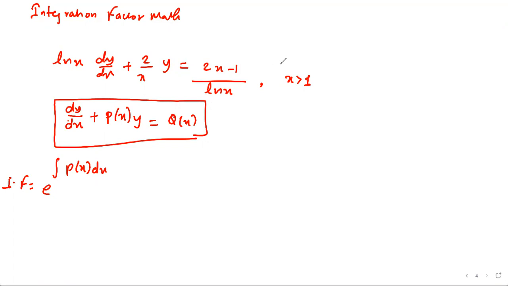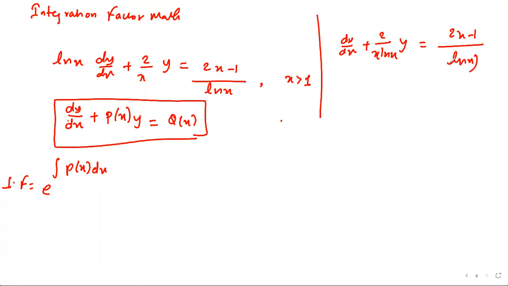So divide this entire equation by ln x. It's basically going to become dy by dx plus 2 over x ln x times y equals 2x minus 1 over ln x the whole square. So this is your linear differential equation.